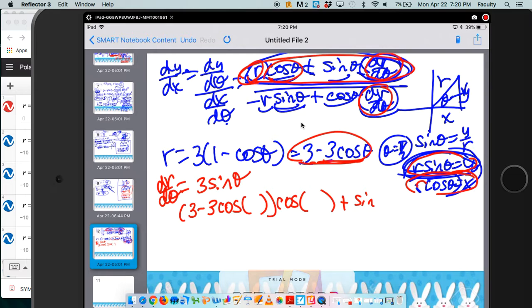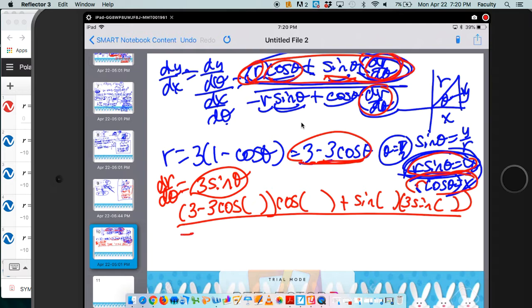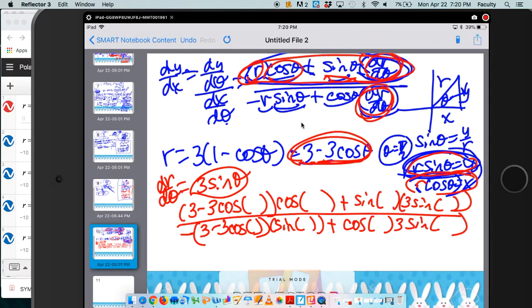Plus sine theta, dr d theta is 3 sine theta, over negative r, which is 3 minus 3 cosine theta, times sine theta plus cosine theta, dr d theta is 3 sine theta. Hope I got all that right. I'm going to put in pi over 2 everywhere there's a theta.